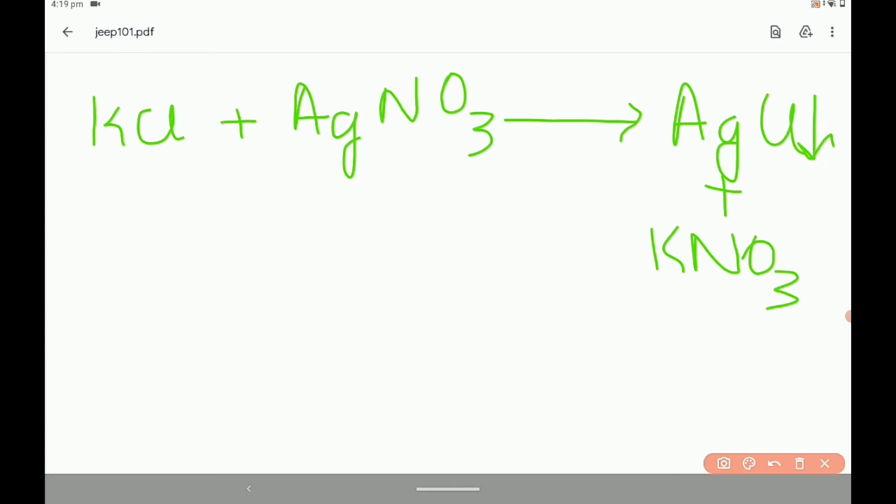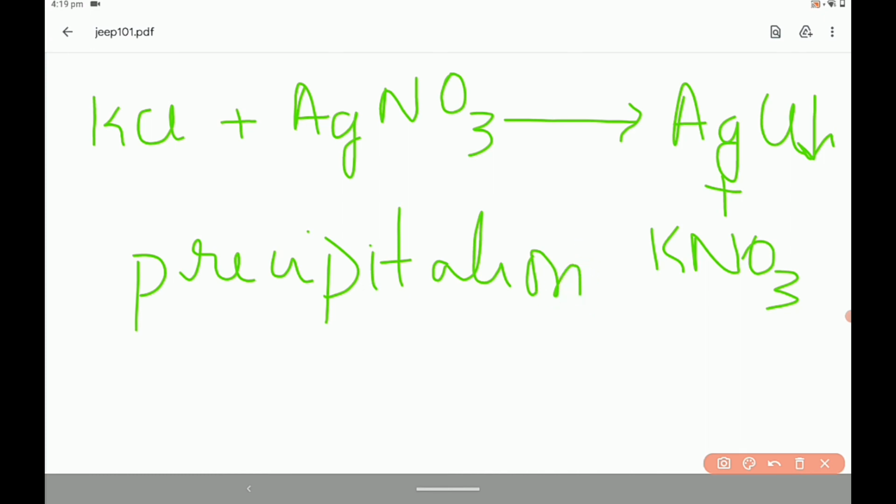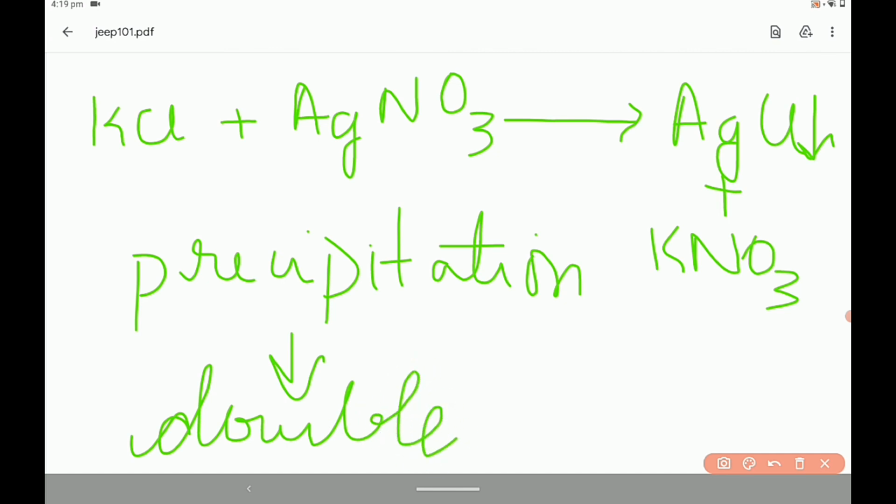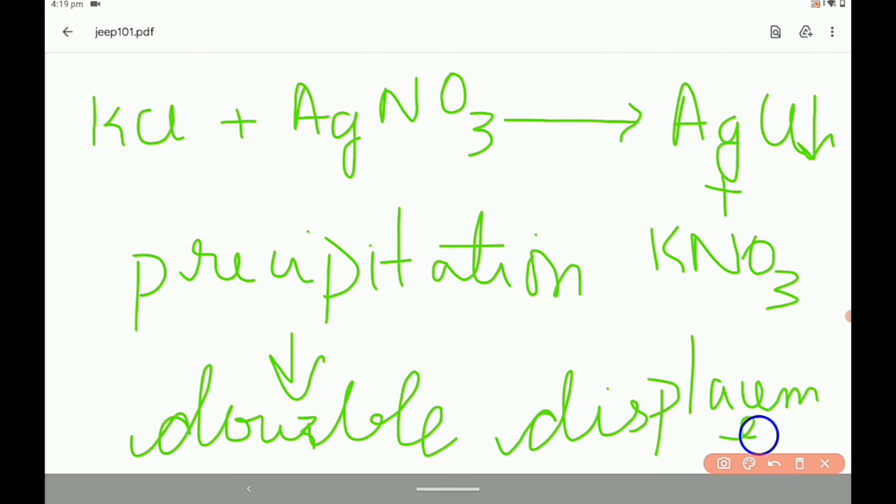AgCl is a precipitate, and hence this is a precipitation reaction. You should write precipitation, and also you should write it as double displacement. Forgive the writing.